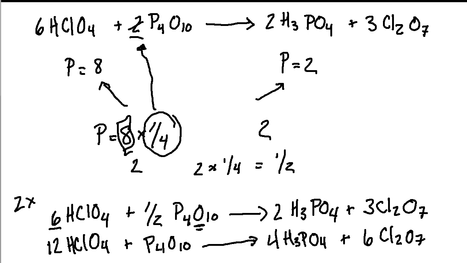See, there's a lot of numbers. You can see as I'm talking, I'm going faster than I'm thinking, and I keep screwing up those coefficients. So it's 12 HClO4, 1 P4O10, and then I've got 4 of the phosphoric acid here, and then I have 6 of the Cl2O7.